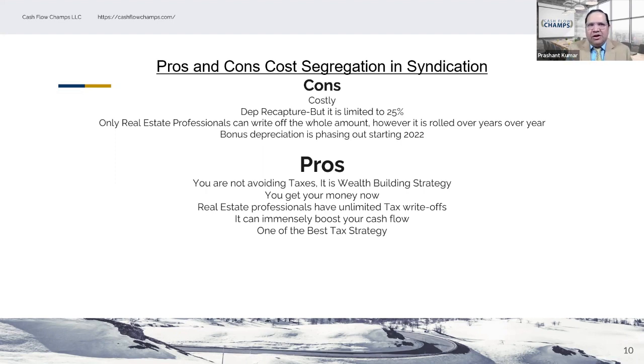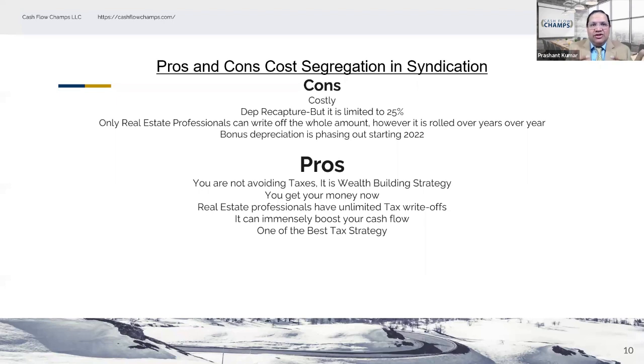I mean, these are not tax loopholes. These are IRS guidelines. IRS wants you to do that because they want the economy to grow. So it is not a loophole. It's a tax strategy for those who are in real estate.